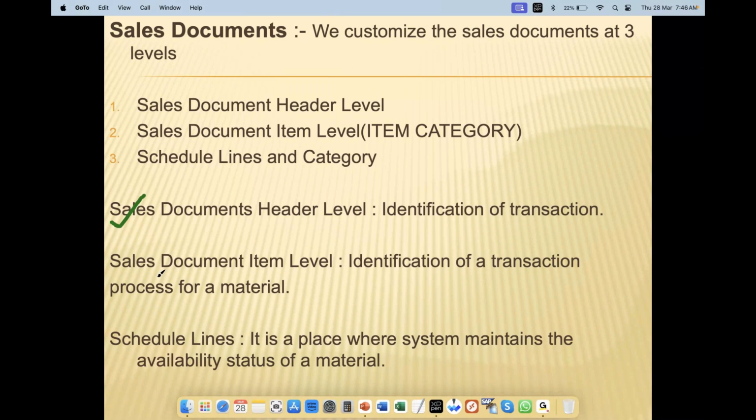That is the item level process. Then he checks the stock status, that is scheduling. So these three functionalities should be expressed. Until you customize, they cannot be expressed. So customizing of a sales document happens in three levels.